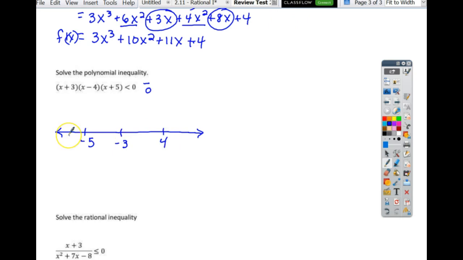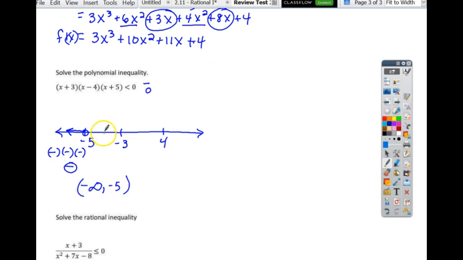So I'm going to test this interval right here. So I'm going to test negative 6. So if I put negative 6 in here, I get a negative times a negative times a negative. So this is a positive times a negative. This is the negative interval, which is what I want. So I'm going to do open circle, and these get included. So I have negative infinity to negative 5.